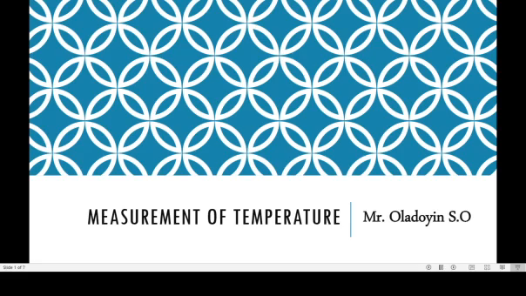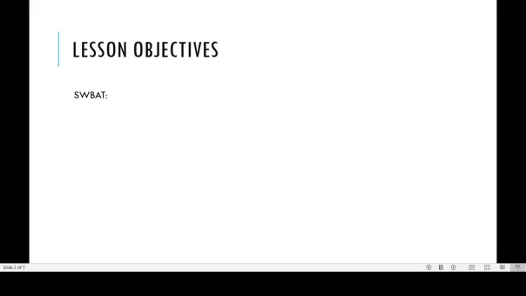But out of what I've talked about, we have some areas we are going to focus on today. At the end of this class, we are going to be able to, first of all, define temperature. It is very important we know how to define temperature, after which we are going to be able to state the SI units of temperature.